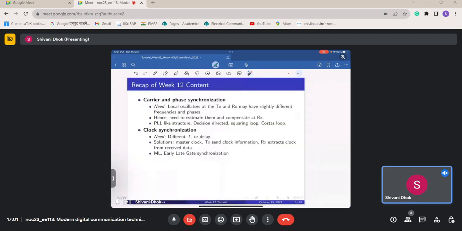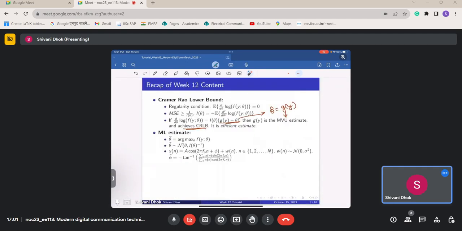So what it says is, if I am able to write this d by d theta log f of y given theta equal to I theta into g of y minus theta, then directly I get my unbiased estimate, or my MVU estimate, such that your theta star is equal to g of y and it achieves your CRLB.